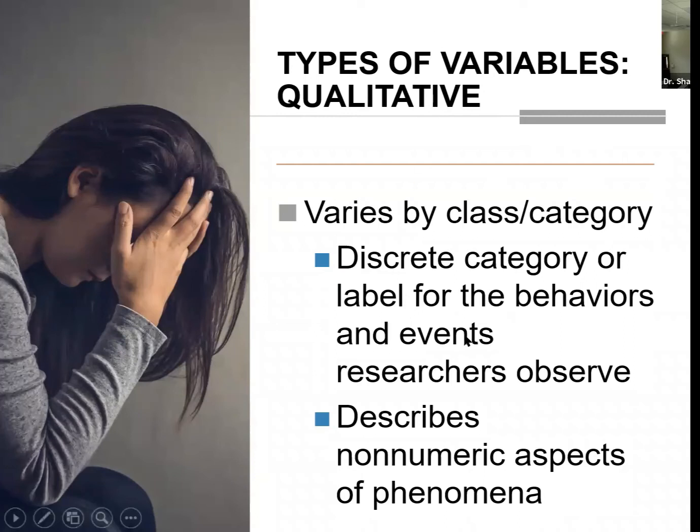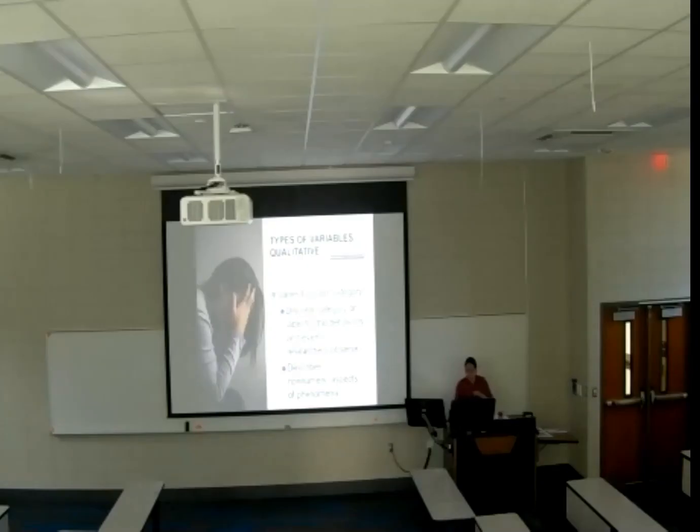This is a discrete category that we generally use to define behaviors. So in this case, we can only have discrete variables. They can only be within the qualitative measurement. So qualitative variables will always be discrete.